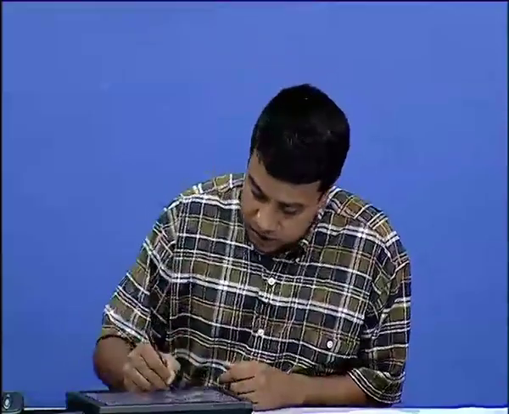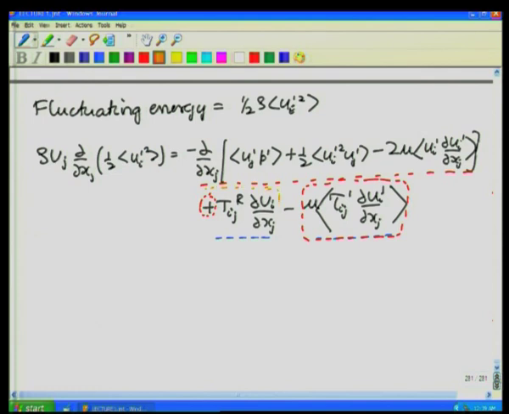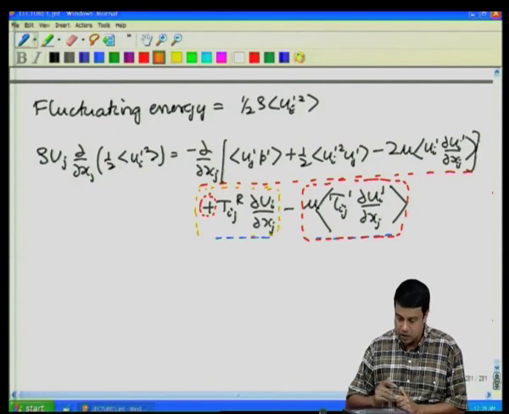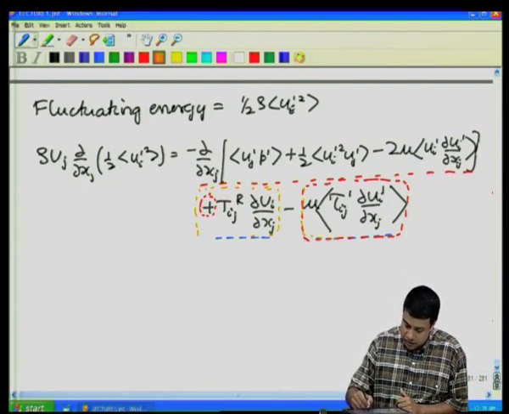Same is true for the fluctuations. This term is always positive, so it always removes energy. And that is how fluctuations are sustained, by a balance between the input of energy into fluctuations due to this Reynolds stress term, which actually increases the fluctuating energy, and the dissipation of energy.